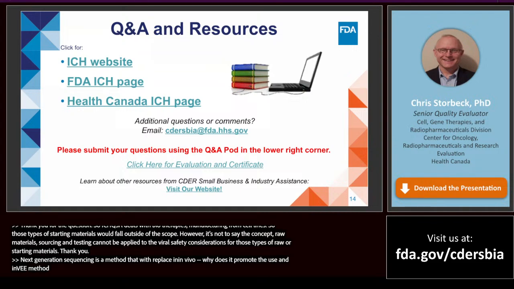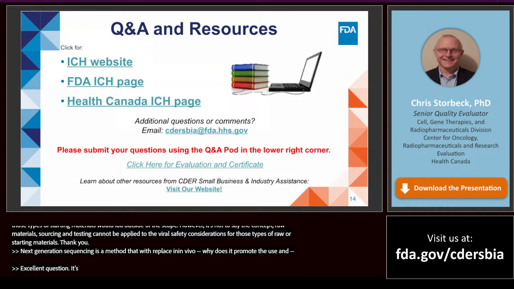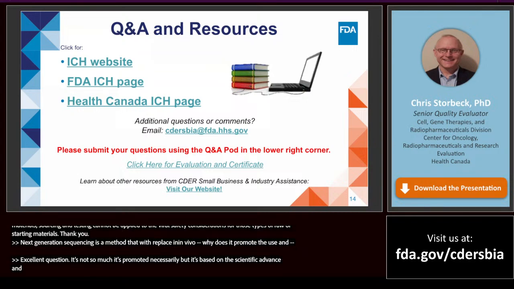Yeah, excellent question. It's perhaps not so much that it's promoted necessarily, but it's based on the scientific advances and the science behind next generation sequencing, and essentially it comes down to the sensitivity of the methods.